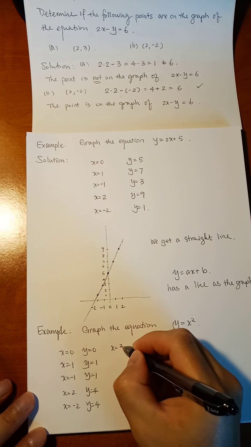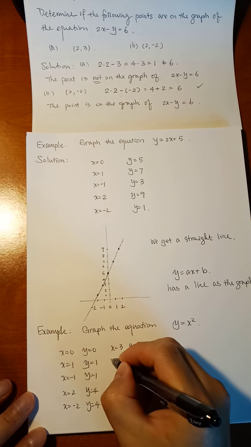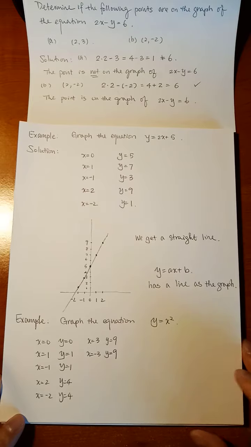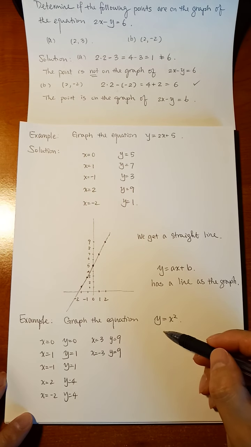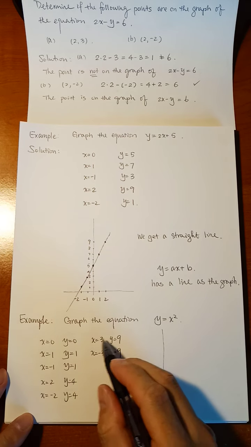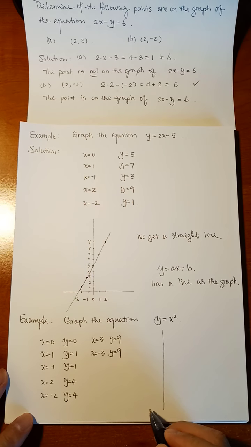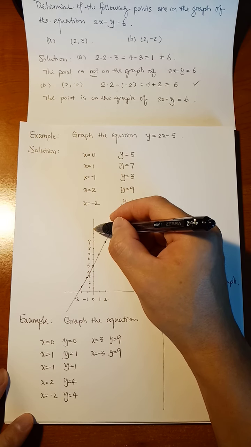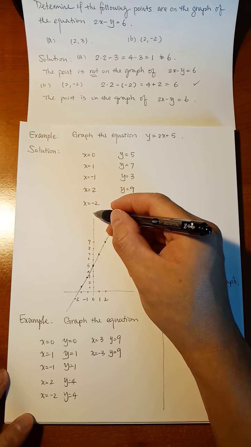X is 3, y is 9. X is negative 3, y is still 9. Okay? So possibly it's not enough, but if we get the next one, we will have x equal to 4, y is 16. You see here, 9, 10, 11, 12, 13, 14, 15, 16.